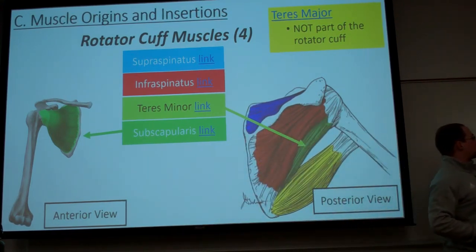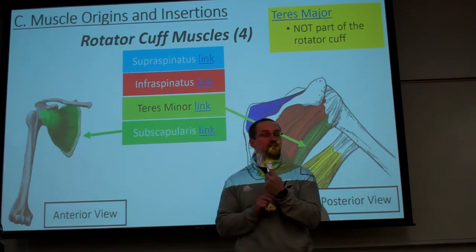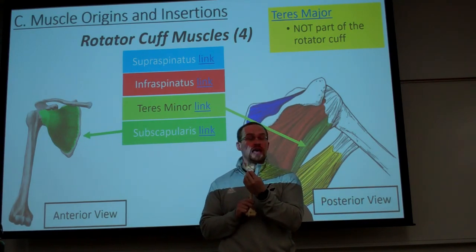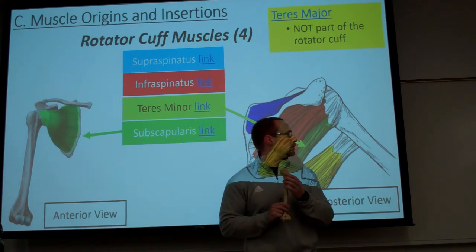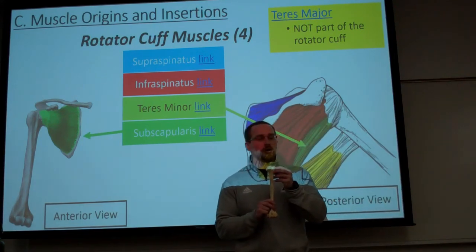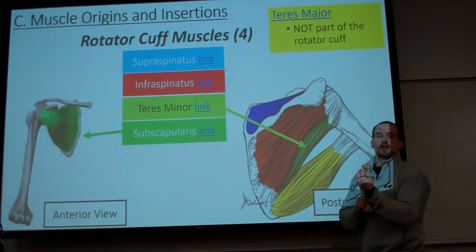The subscapularis, notice that's in front, and our lesser tubercle is in front. So our subscapularis is going to insert at the lesser tubercle. So again, the 3 in the back, they insert at the greater tubercle. The one oddball in front, that's going to insert at the lesser tubercle.